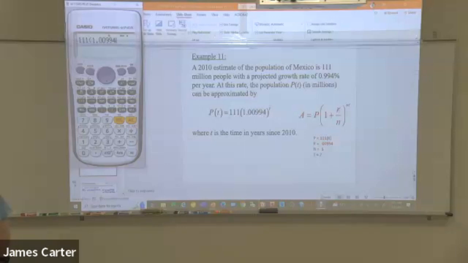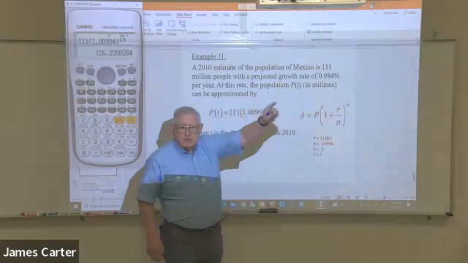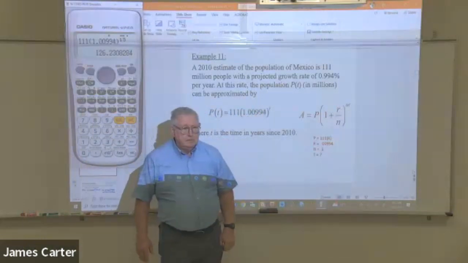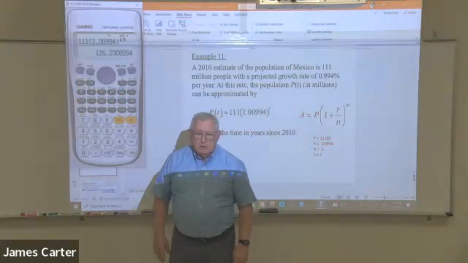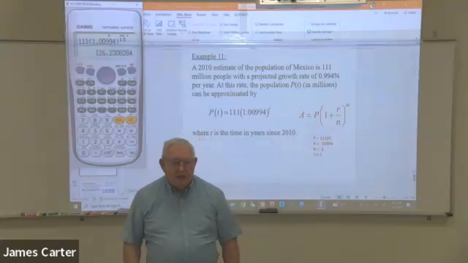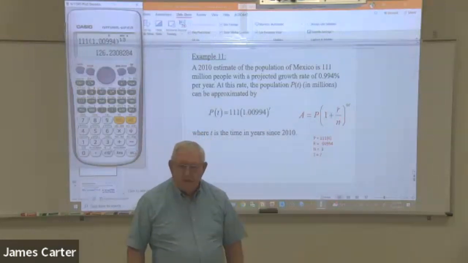Because that's over 1, we put in the parentheses and we take to the power of, in our case, 13 years. That means this year, the population should be 126 million. Is what that calculation means. And a little over. Okay, 126.25 million in rough numbers.